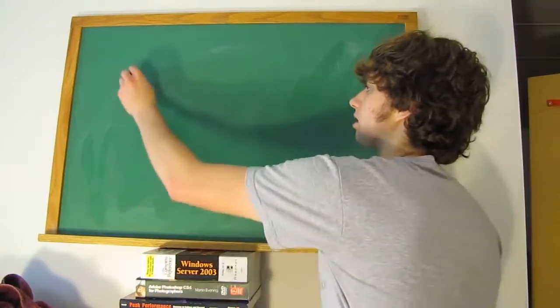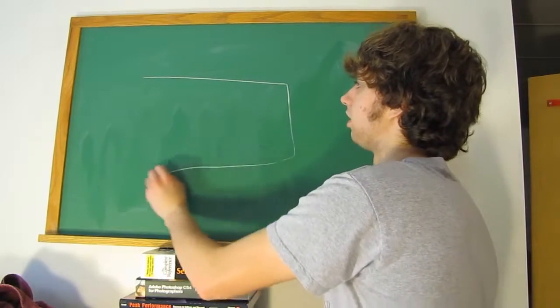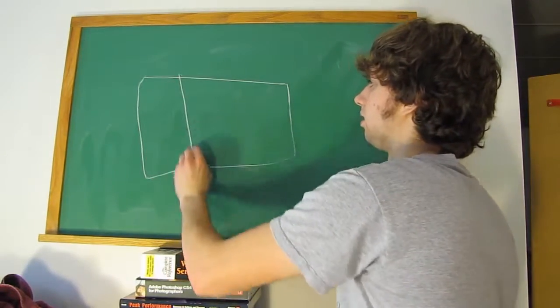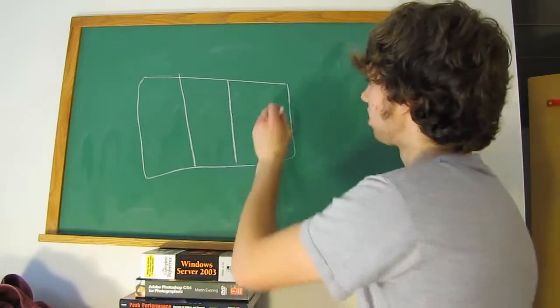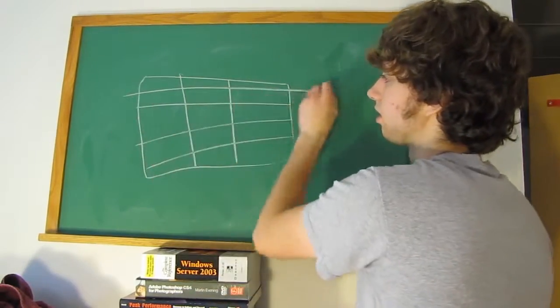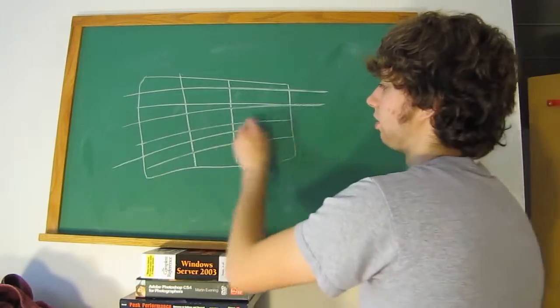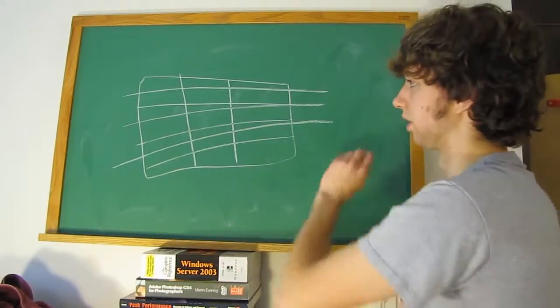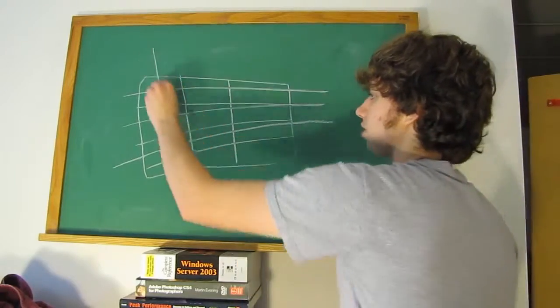So a database has tables, and then we can give it appropriate rows. Here are the rows, this direction, and these are the columns.